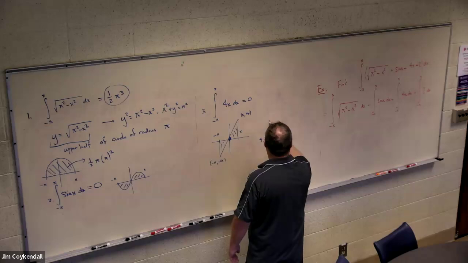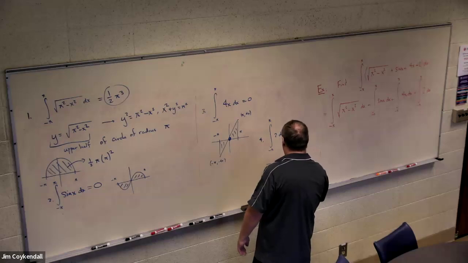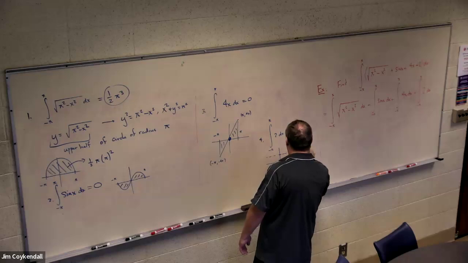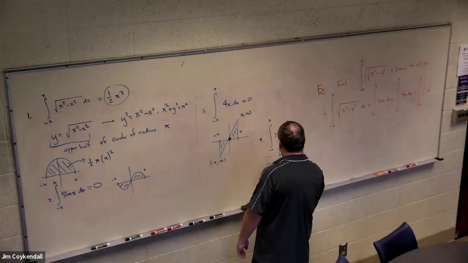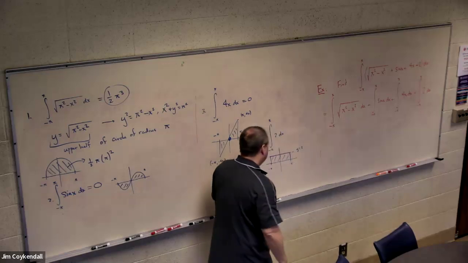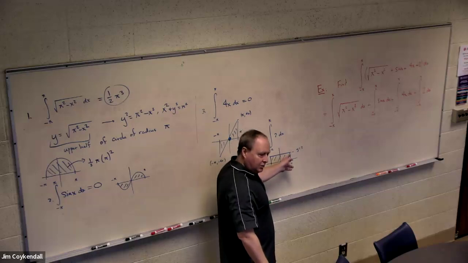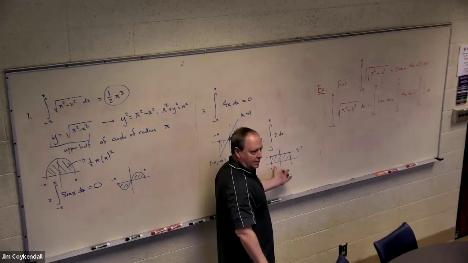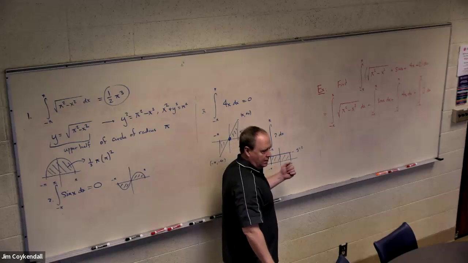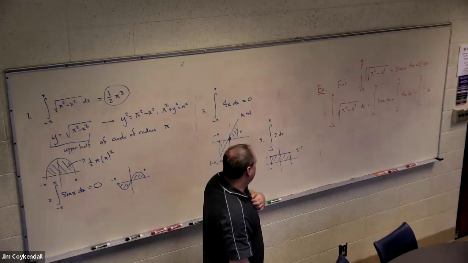And the last piece, integral from minus pi to pi of 2. If I look at this, really what we're asking for is this area here. And this area has height 2 and width 2 pi.